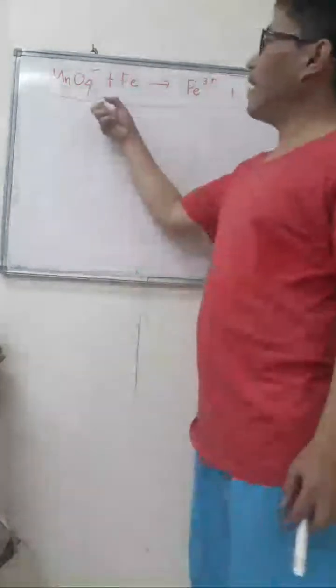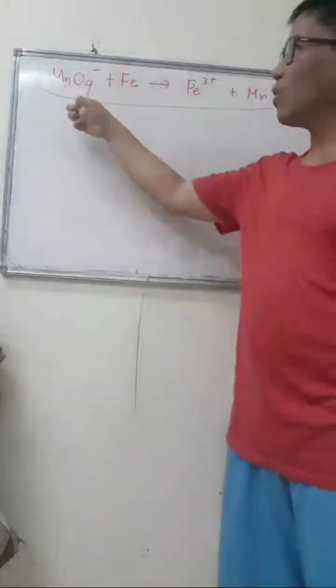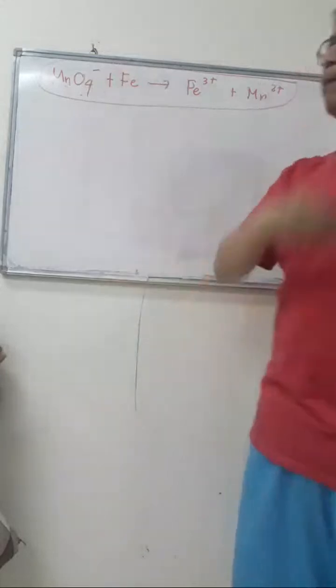Now I'll give you a little explanation of the difference between manganate and permanganate. Permanganate has a -1 charge. Manganate has a -2 charge. That's the only difference. There's no Mn2O4; it's always MnO4, whether permanganate or manganate.